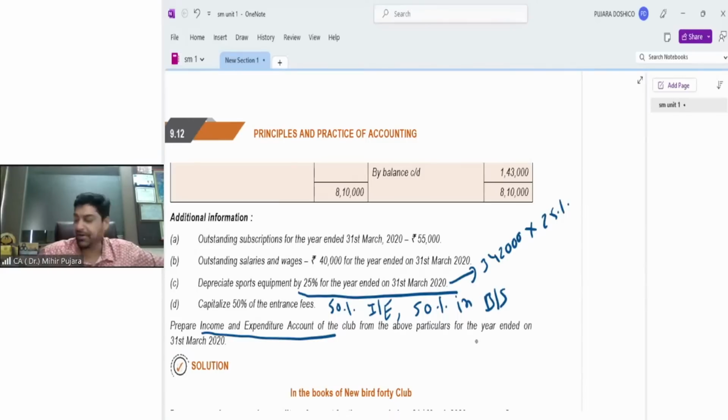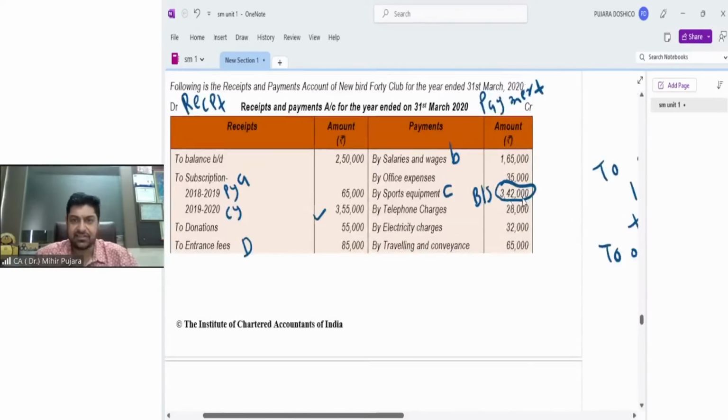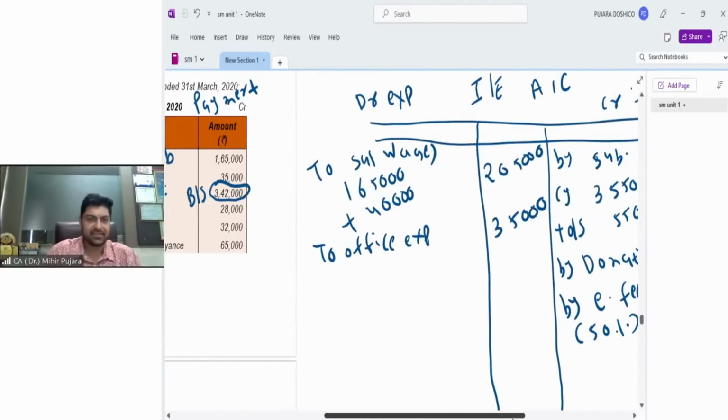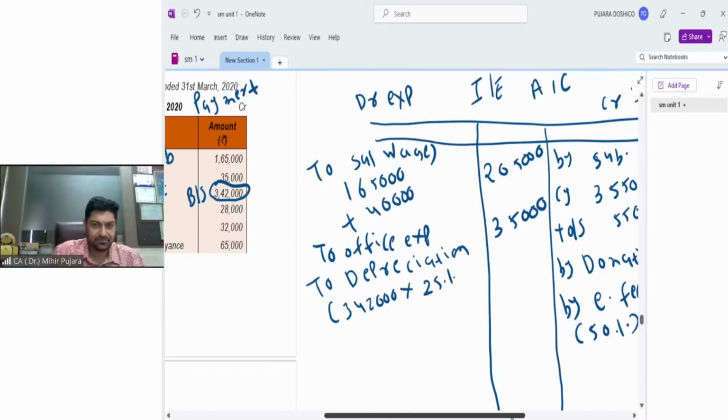It is 85,500, guys. Depreciation. So this 342 is part of balance sheet, but depreciation here is 85,500.